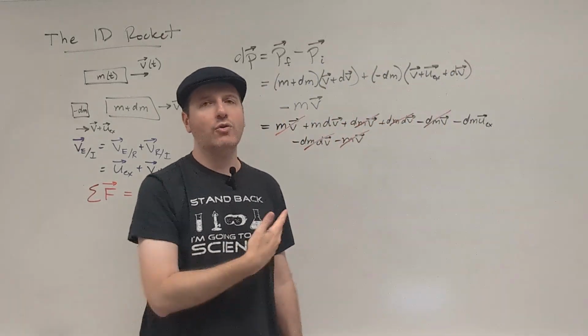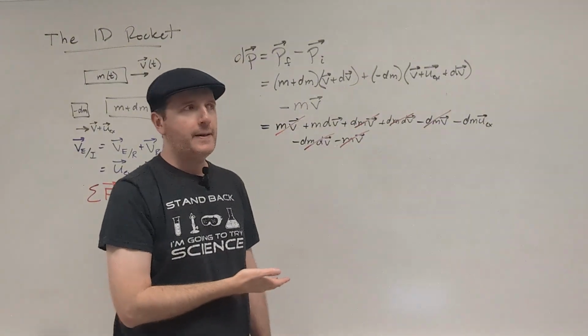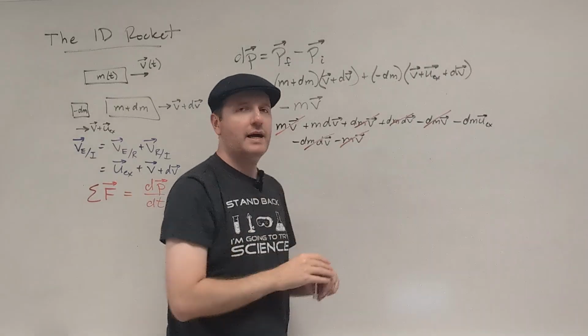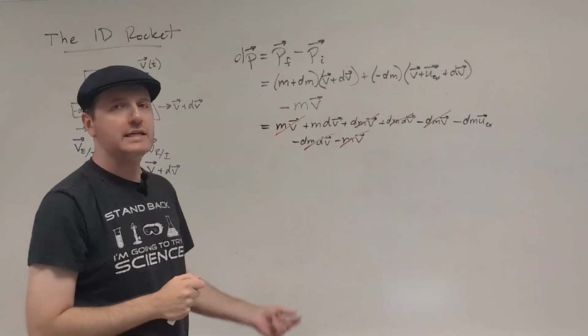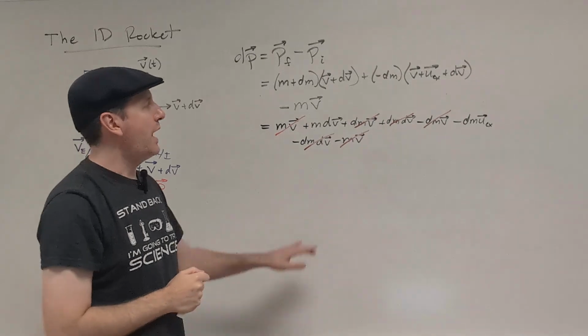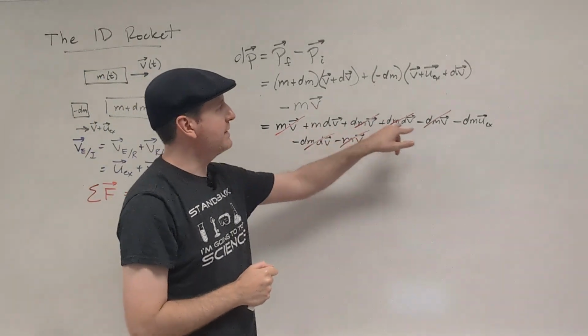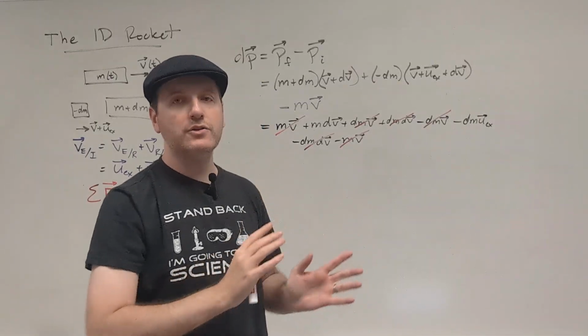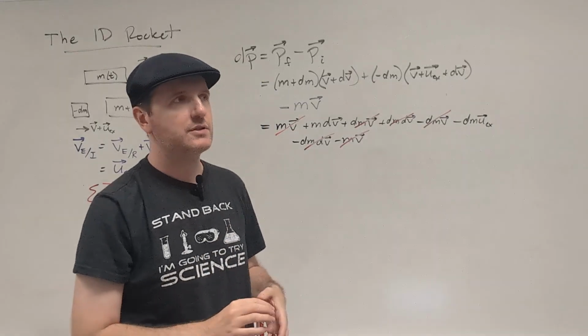In other words, a second order product. But you know that eventually, when we take some kind of limit here as dt goes to 0, I'm going to end up only keeping these first order terms. Any second order terms will be negligible relative to the first order terms.